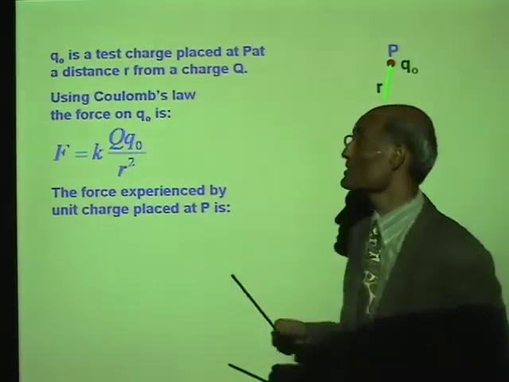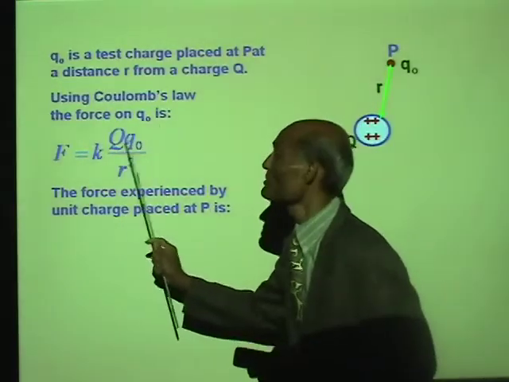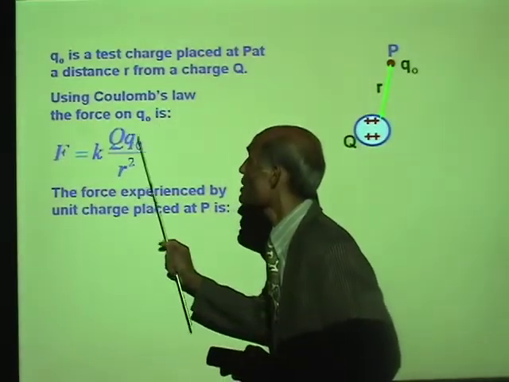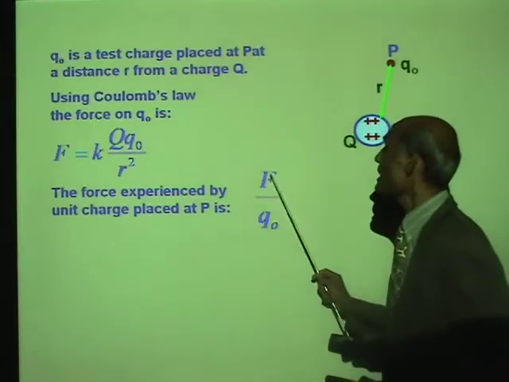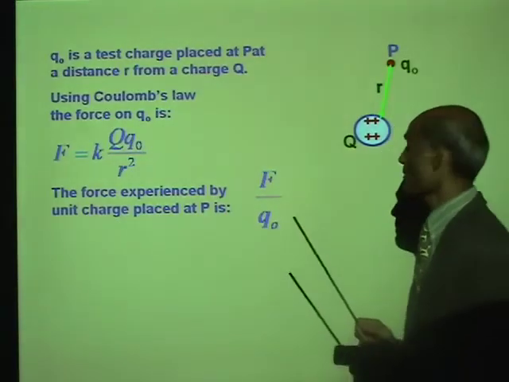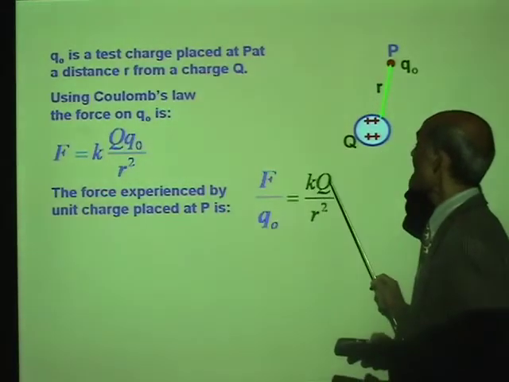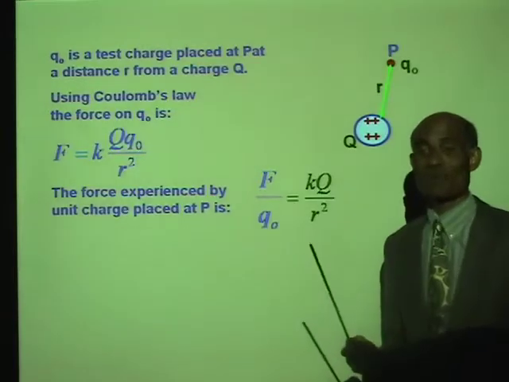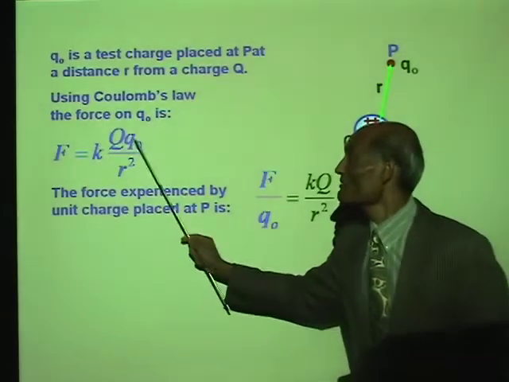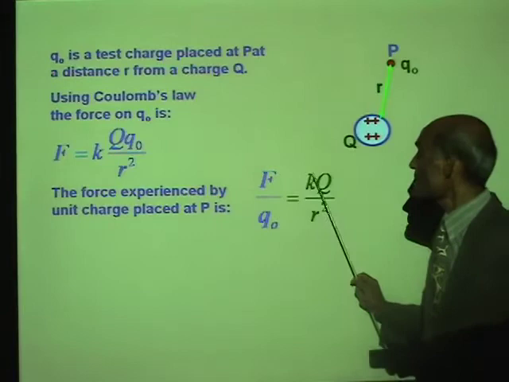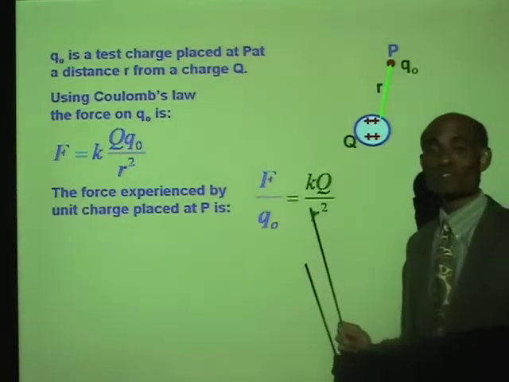Force per unit charge. All I need to do is divide this force by Q0. So that will be F over Q0, and that will be kq over r squared. So F divided by Q0 is kq over r squared.